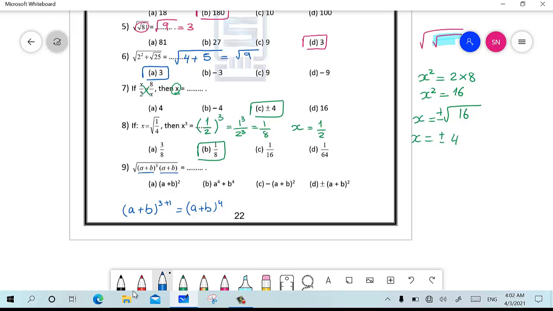Now I would like to find the square root of a plus b raised to the power of 4. We said that when we are dealing with variables and I want to get rid of the square root, this means that I am going to divide the power by 2. So a plus b to the power of 4 divided by 2, which is equal to a plus b squared. So the correct answer here is number A.